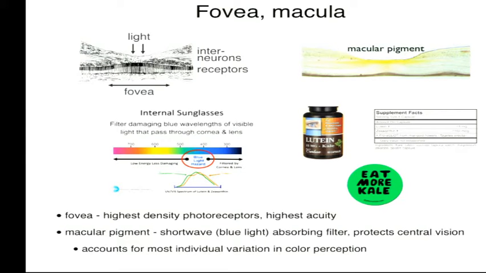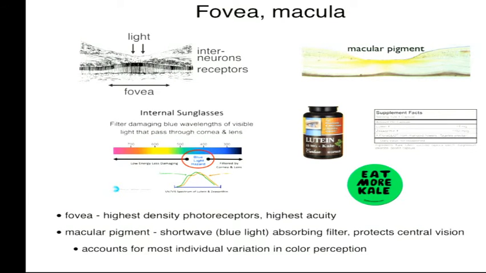Covering the fovea and a little beyond is the macular pigment. The macular pigment is blue absorbing, absorbs short wavelengths, okay? And the short wavelengths are the most energetic, and they're the ones that do the most damage to the neural structures, okay? So, I took all this off the web, so take it with a grain of salt.